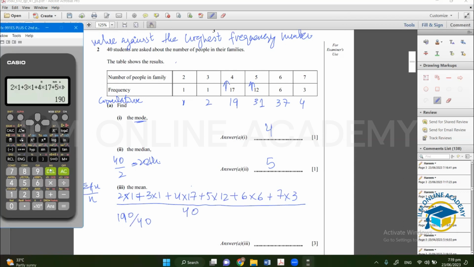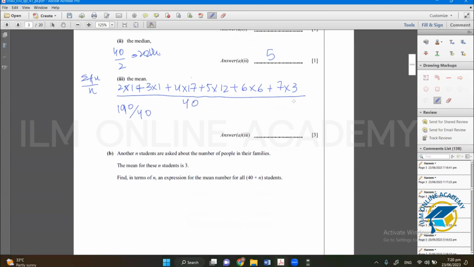So 190 divided by 40 equals 19 over 4, which is basically 4.75. Yes, the answer is 4.75.